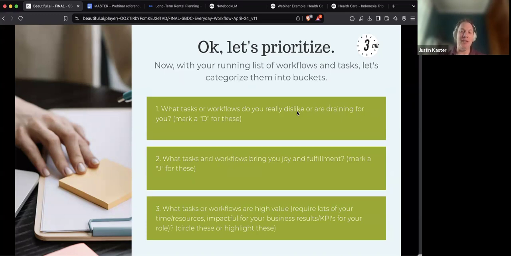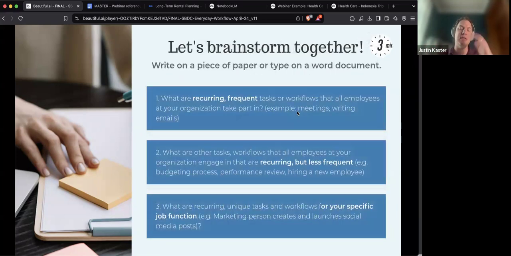So what are the things that take a lot of time and effort for you, or they're really impactful for your business, really impactful processes that are critical for results. And maybe circle these if you're writing, or highlight them in your Word document in yellow or whatever color.